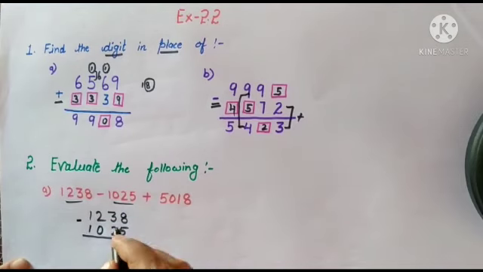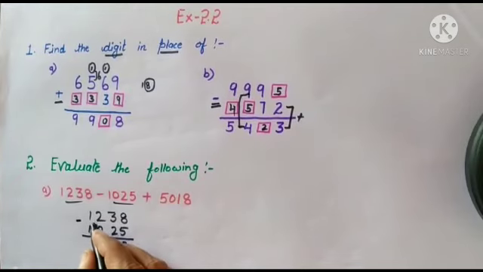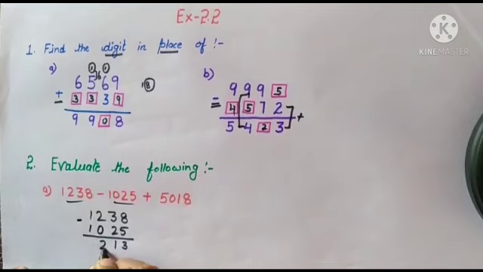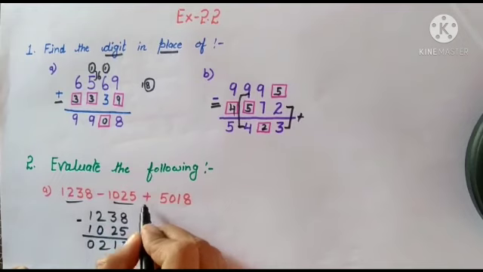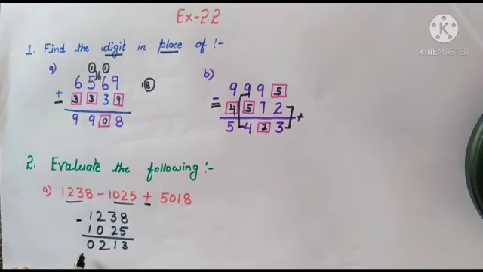So we will subtract it. 8 minus 5, 3. 3 minus 2, 1. 2 minus 0, 2. 1 minus 1, 0. After this, what sign is this? Plus. So we will write plus here. And after that, what digits are there? 5018. What sign is this? Plus.